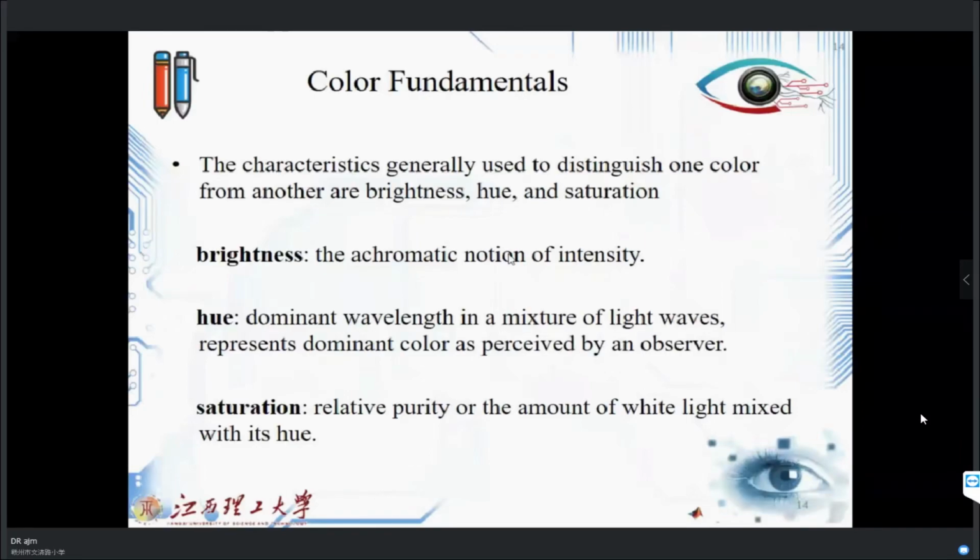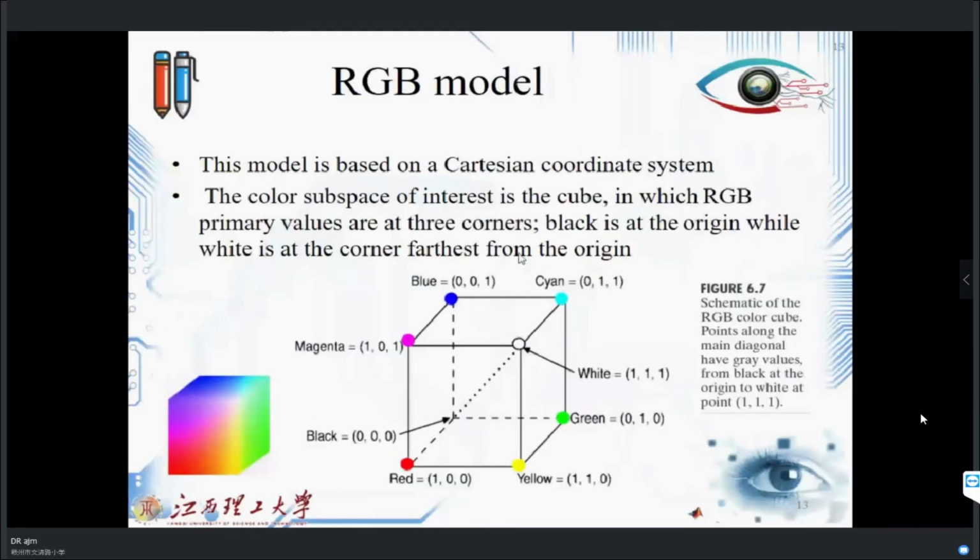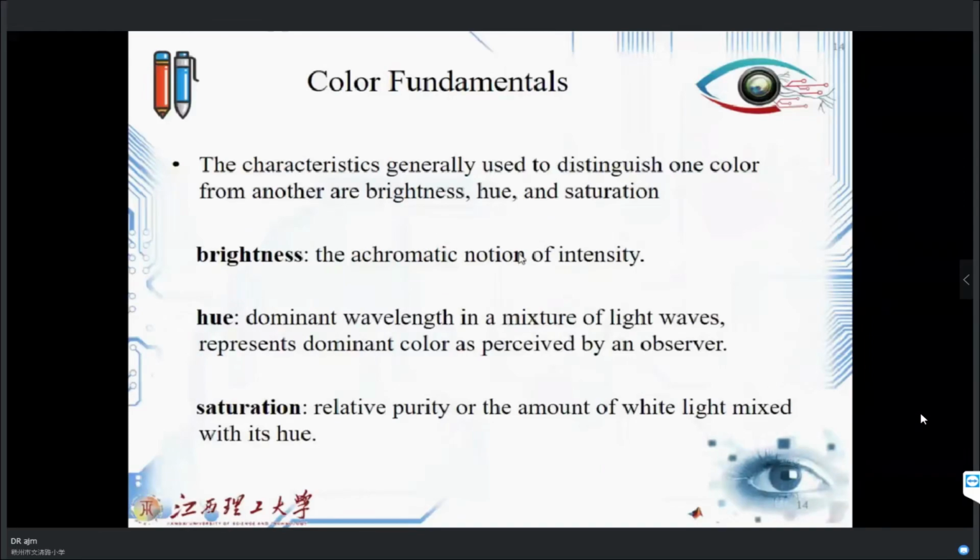But mainly, if we want to talk about the color fundamentals, the characteristics generally used to distinguish one color from others are split into three parts. This means three main factors will generate the different colors for us. The first one is brightness, which is the chromatic notion of intensity.